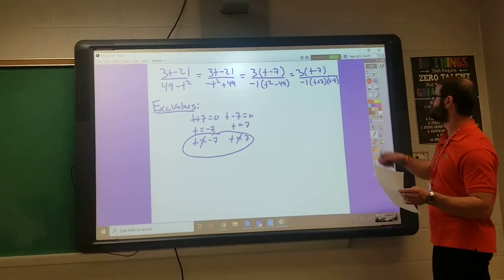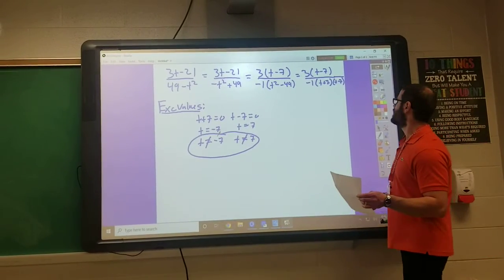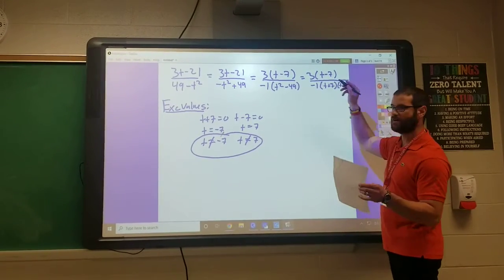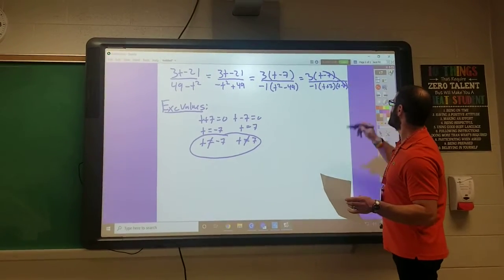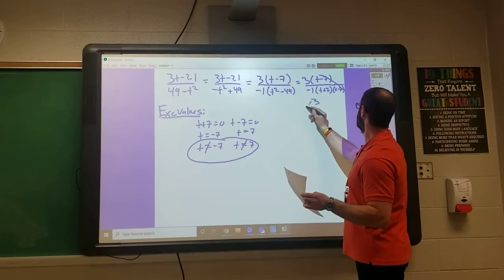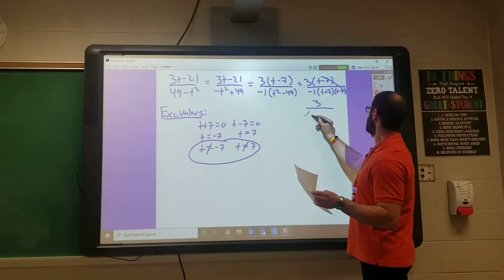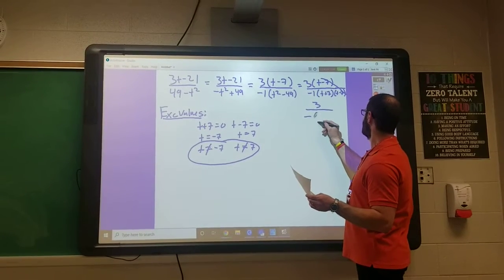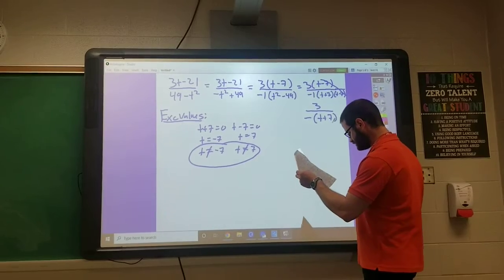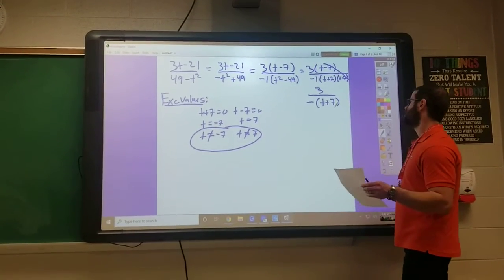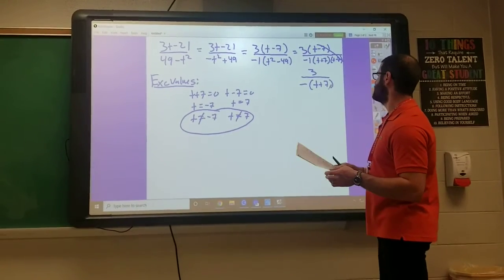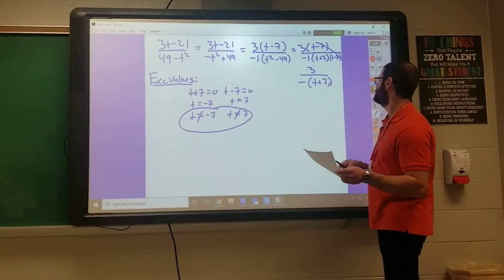The other part is a simplified expression. So what's going to cancel between numerator and denominator? What do they have in common? t minus 7. Cross those out. So I'm left with 3 over negative 1 times t plus 7. All right. So a couple different ways we could write that answer.